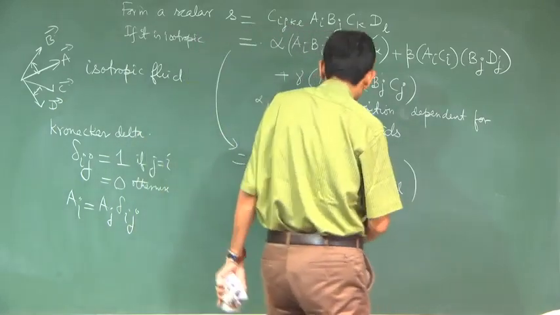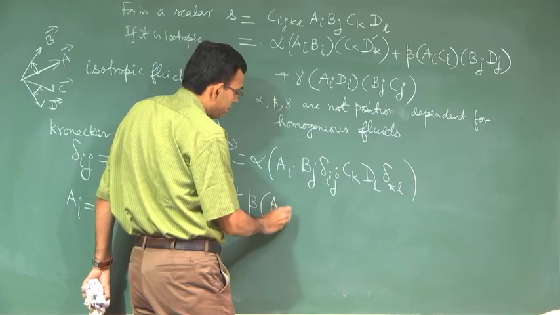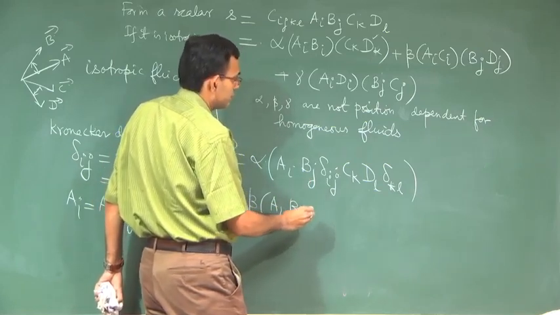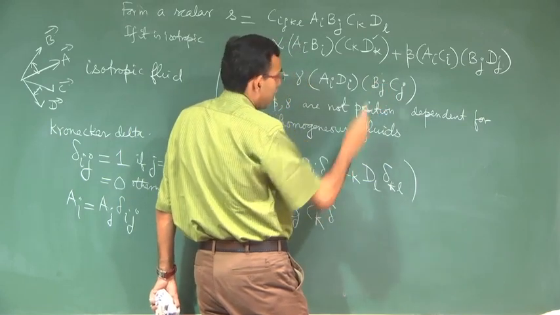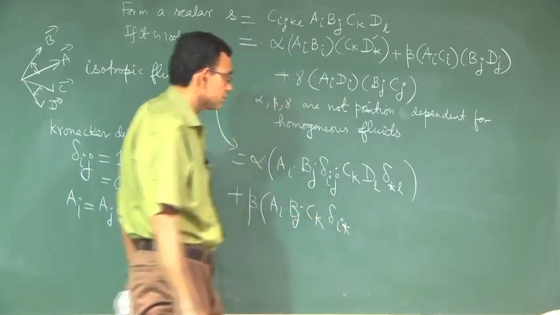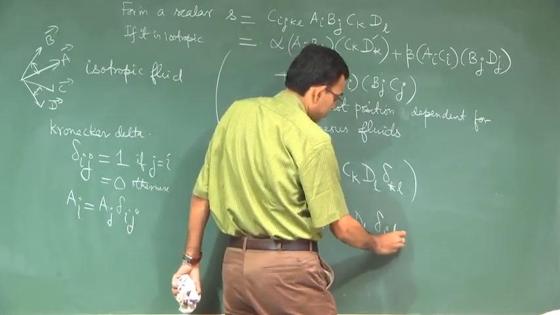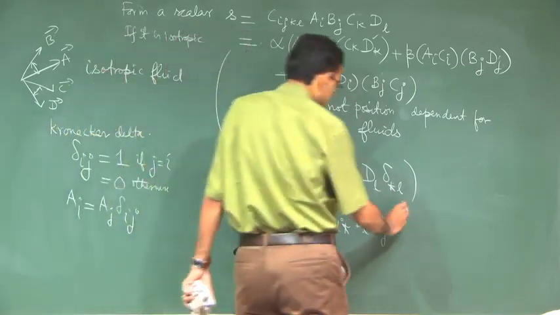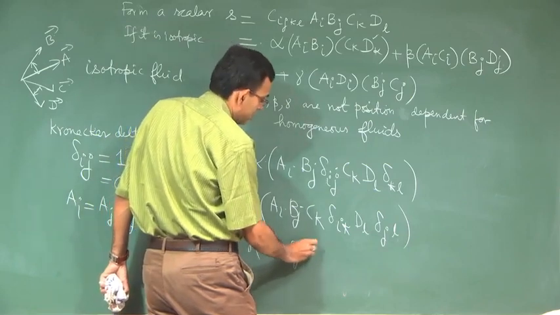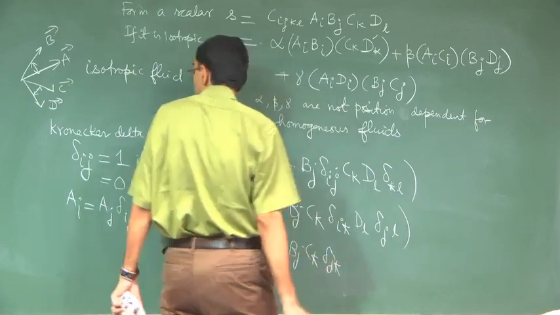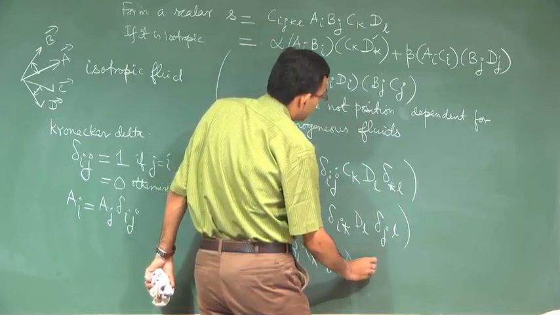So, then plus beta ai bj is already there, ck, c was earlier i, plus gamma ai bj ck delta jk, and then dl delta il.